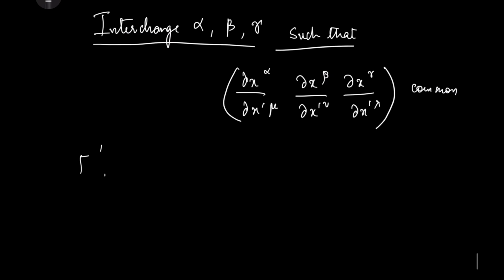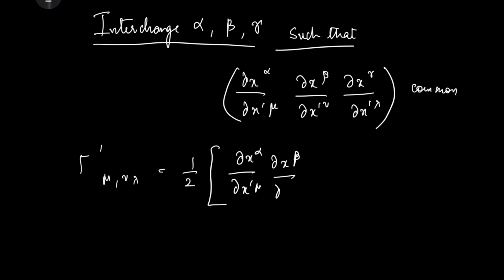So I can write mu lambda is equal to partial derivative of x alpha with respect to x prime mu. This is common now, so I am taking it outside the bracket.